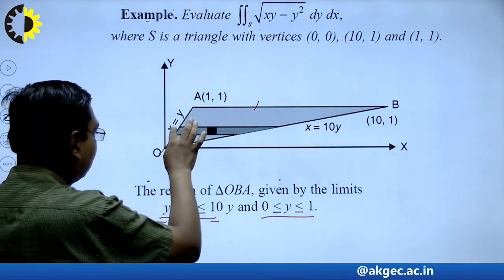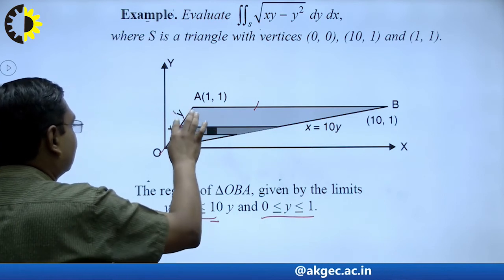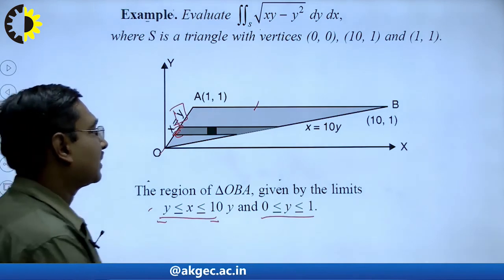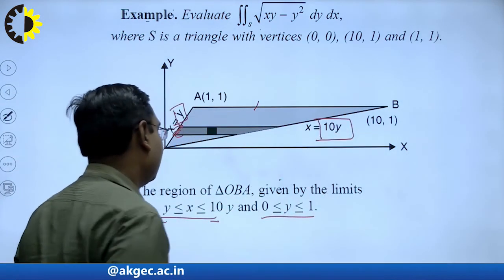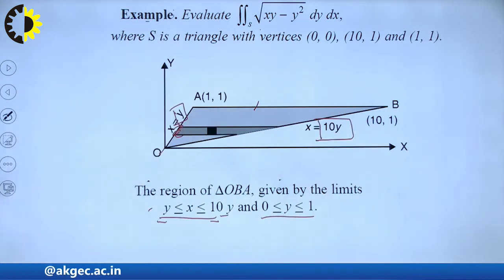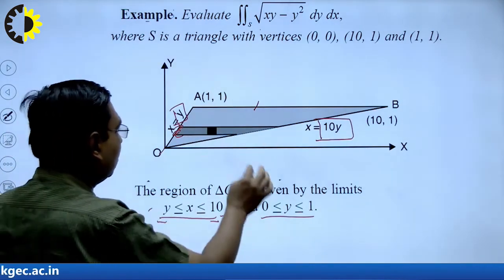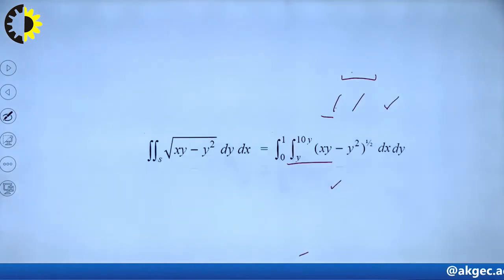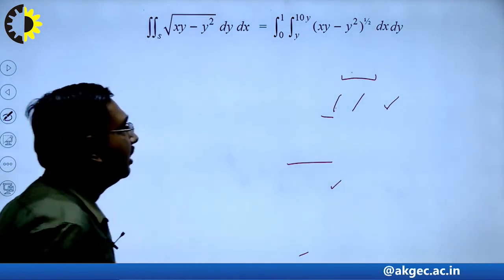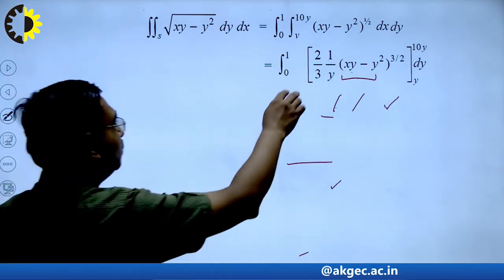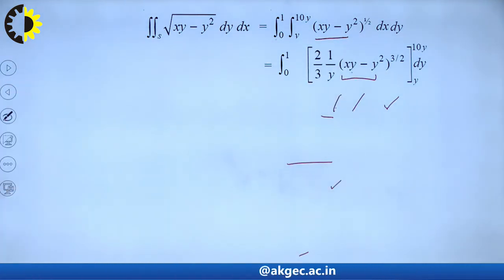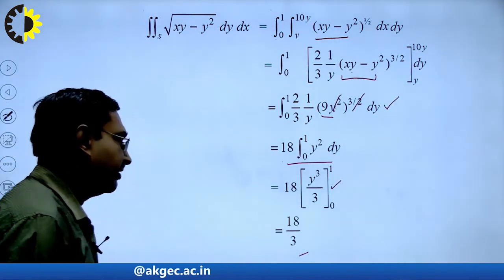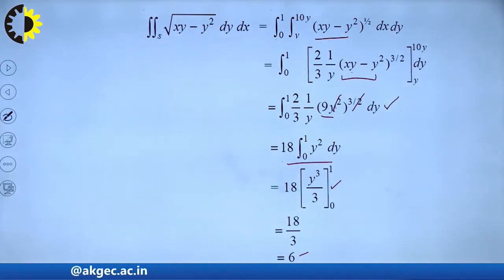The first point of this horizontal slice was on this line x equal to y, so it became the lower limit. The last point was on this line, it became the upper limit of x. The limits of y are from 0 to 1. Applying these limits, I obtained this integral. To evaluate this integral, I used the formula for (ax plus b) raised to the power n, and applying the limits and simplifying, I obtained the value of this double integral.